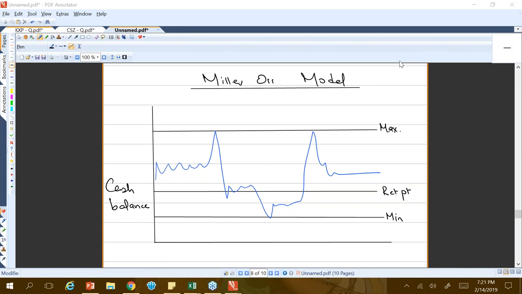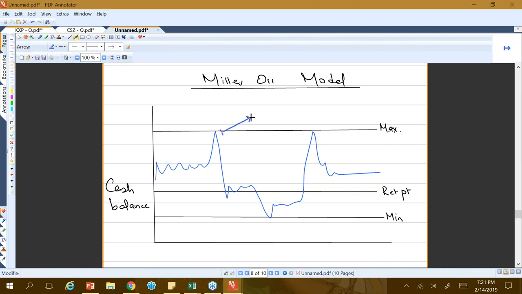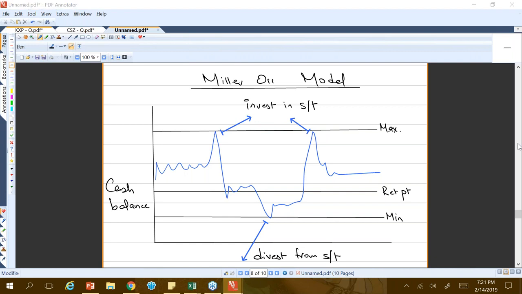Yes, good points again. So the maximum limit is a point where, if your cash hits this maximum limit, you invest in short-term markets. And when your cash hits the minimum limit, you divest from the short-term markets. And why do we set these limits?